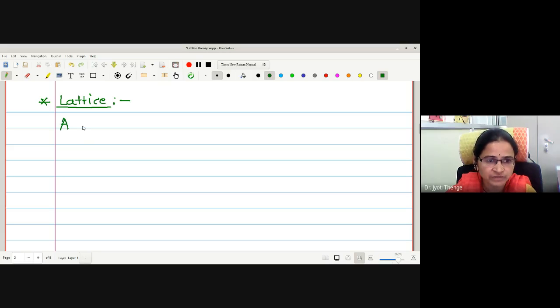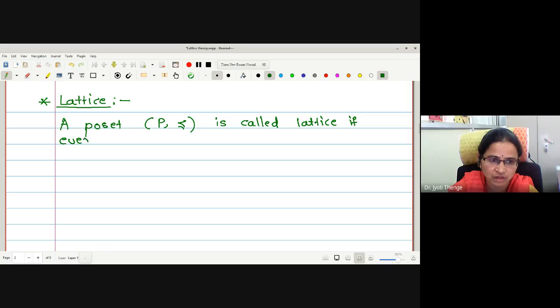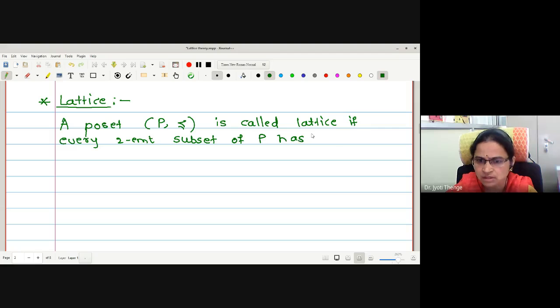Okay, let me write the definition. A POSET P with this relation is called a lattice if every two element subset, meaning between a pair of elements, of P has a least upper bound and greatest lower bound.